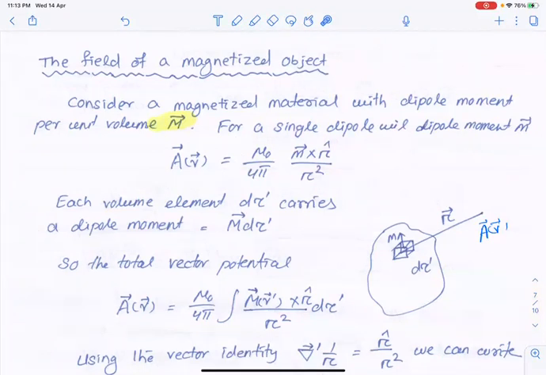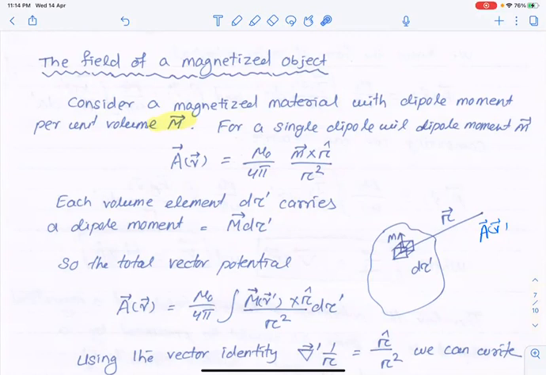But in this case, we have a volume element and we have a magnetization per unit volume M. So naturally, the dipole moment for this volume element will be M multiplied by the volume, so M d tau prime. That is my dipole moment for this volume element.